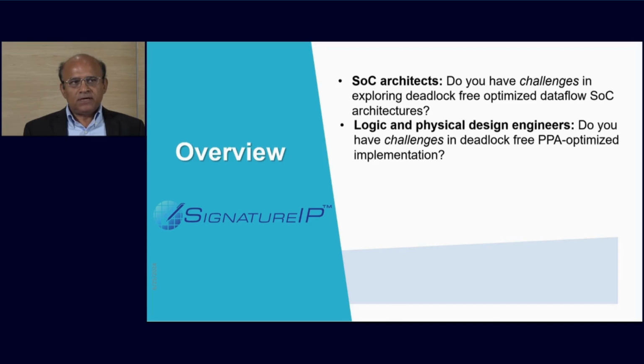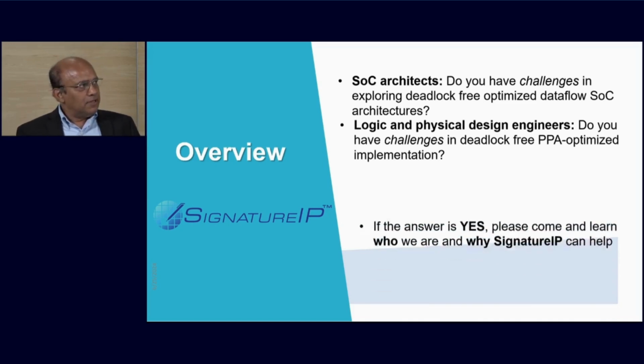So as you can see, on a top down way, architects have a problem: how can they make sure that they have an optimal architecture for the system that they want to design? Then in the bottom up way, how can a physical design engineer implement that in actual silicon, which is timing friendly, power friendly and area friendly?